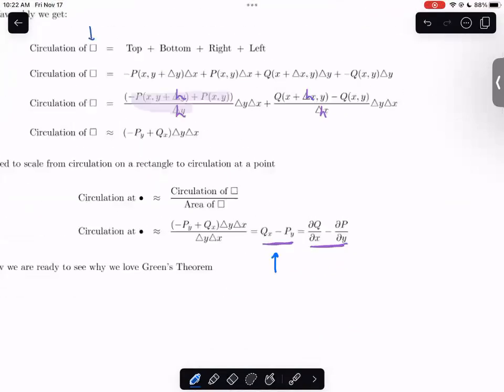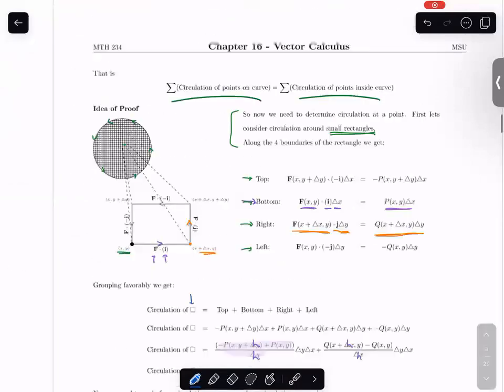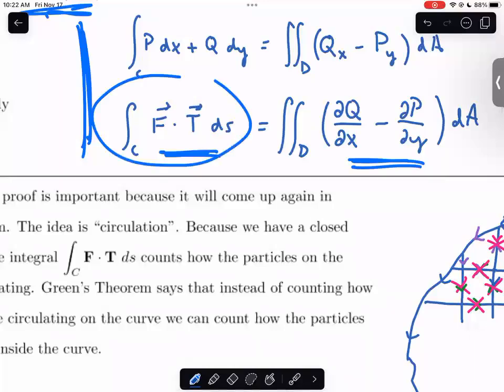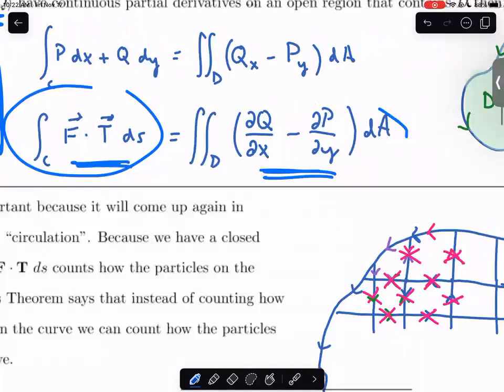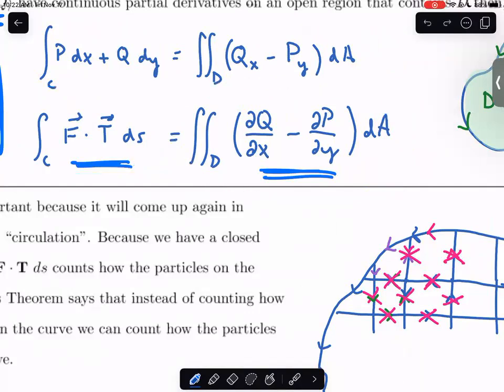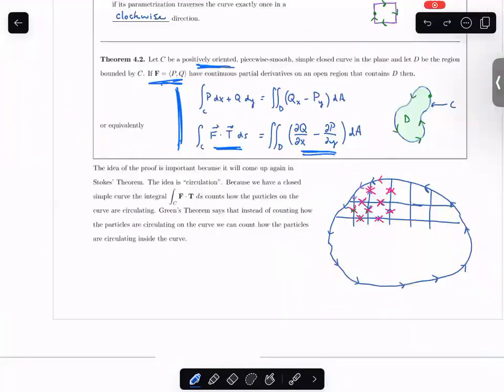So what Green's theorem becomes is, rather than calculating the circulation across the entire curve, you can instead sum up the circulation at every point inside of the curve. And it turns out that administratively, when you actually go to do these things, evaluating a double integral is quite often easier than evaluating a line integral. And so that's the statement of Green's theorem.